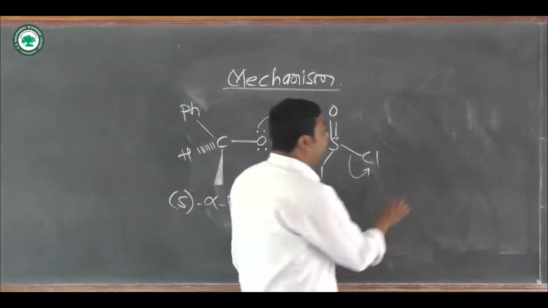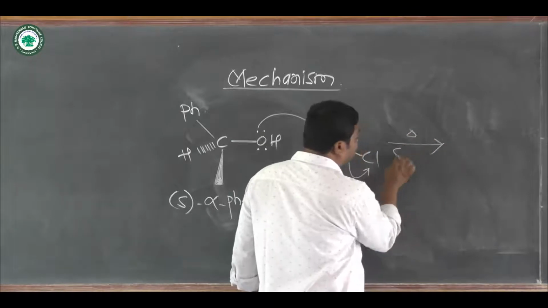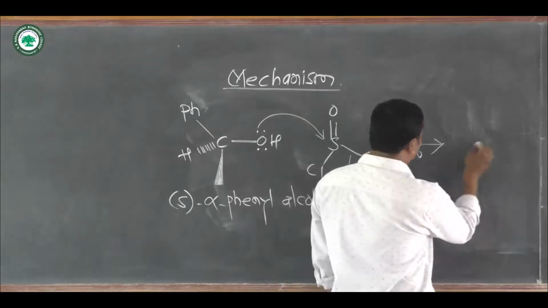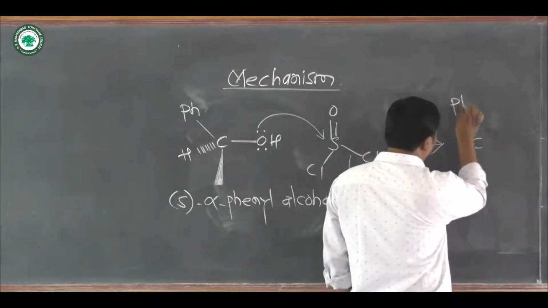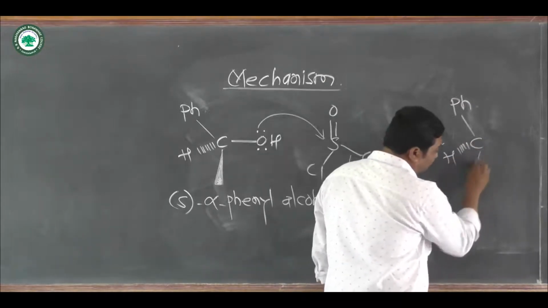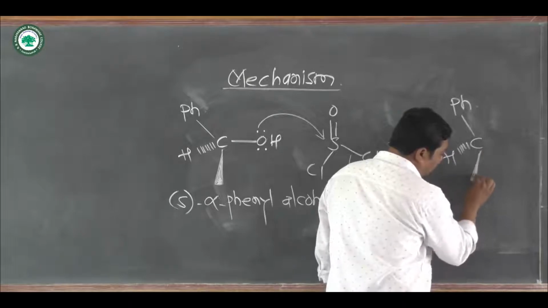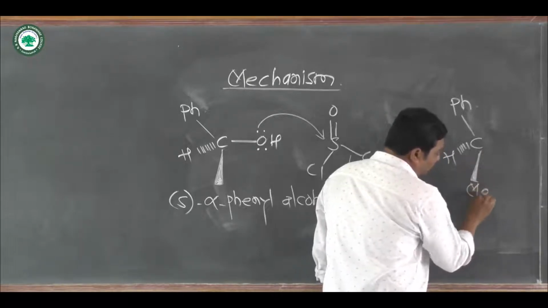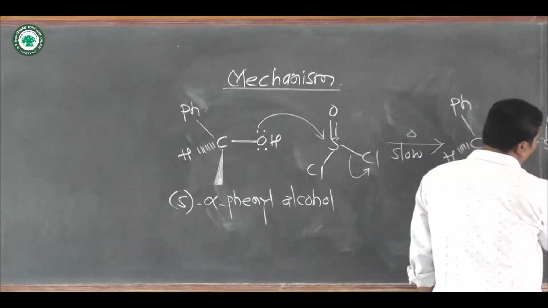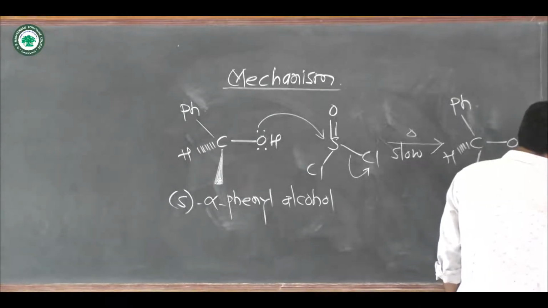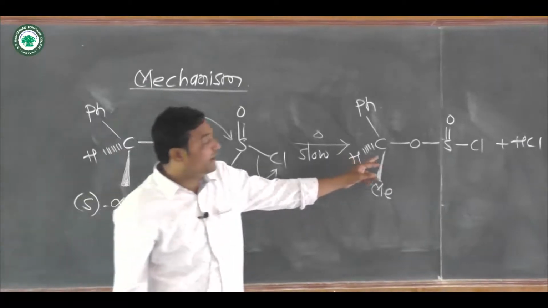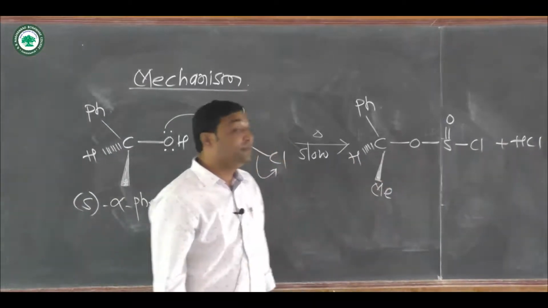This is the slow step, and we obtain this molecule as an intermediate.